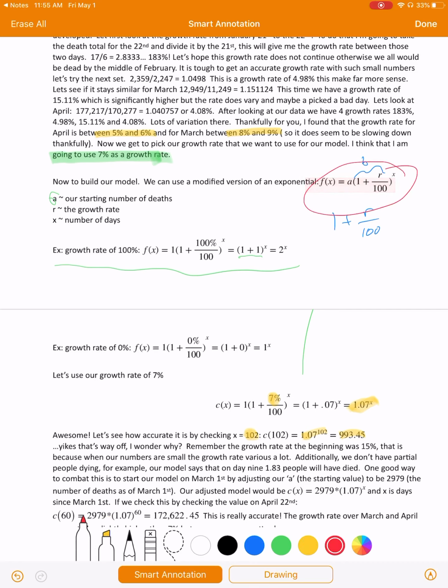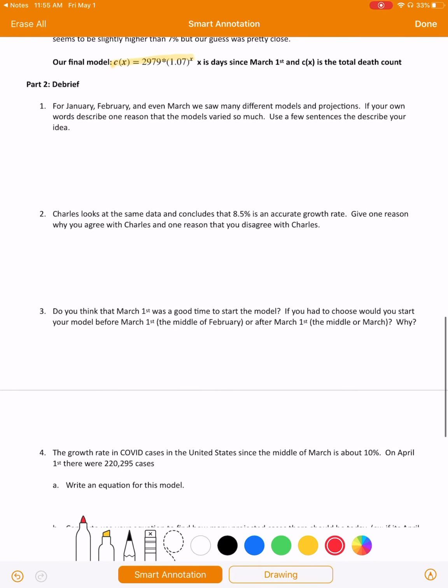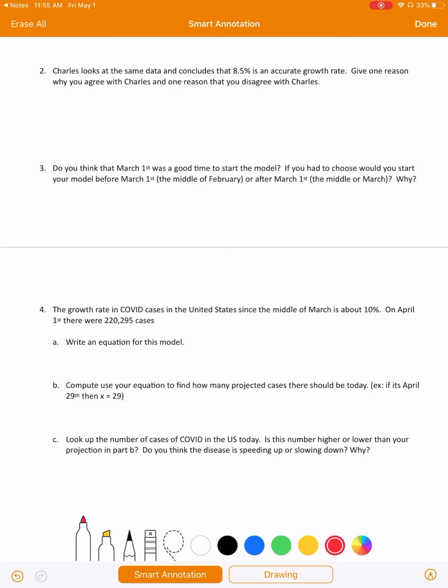A is that starting number of deaths, R is that growth rate. Plug it in and simplify. Then I want you to figure out how many deaths there are on the day. Today is May 1st, at least when I'm recording this, so that would mean that it's been 31 days since April 1st. And so I would plug in 31 as my x value and see how well that matched the number of cases that we currently have.